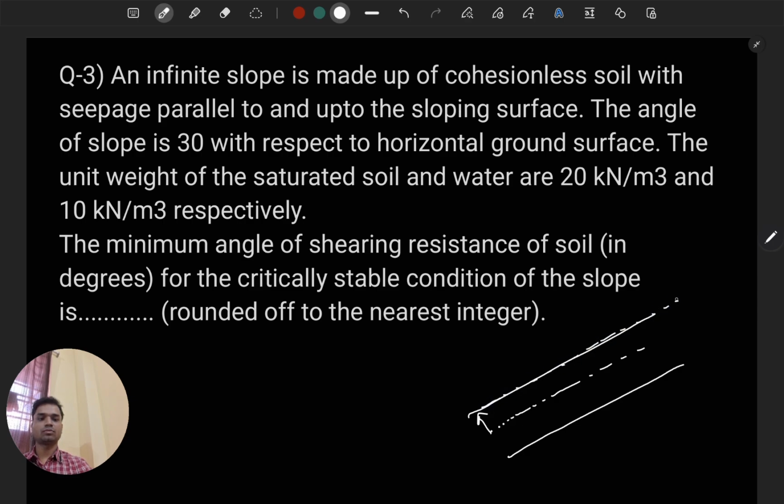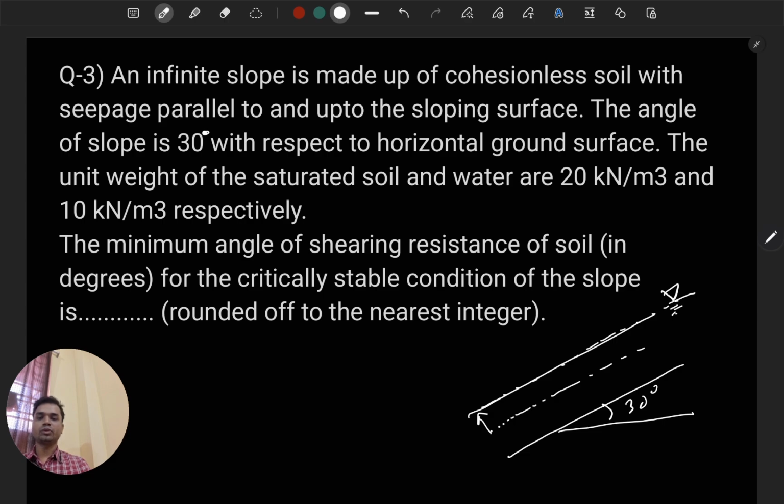This is your water table. The angle of slope is 30 degrees with respect to the horizontal surface. This is 30 degrees.